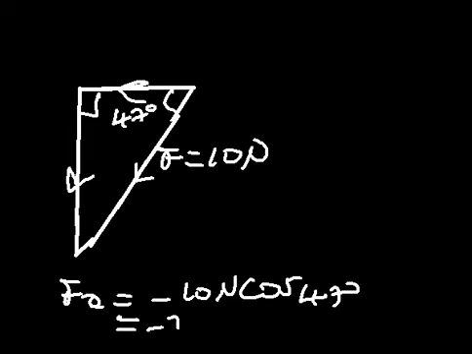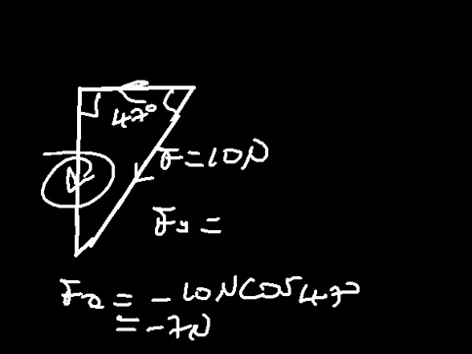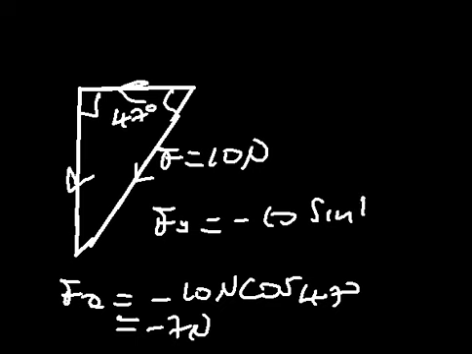So have it as negative 7 newtons. And how about Fy? Since it is pointing towards the negative, we also have negative 10, and that should be sine 47 degrees.